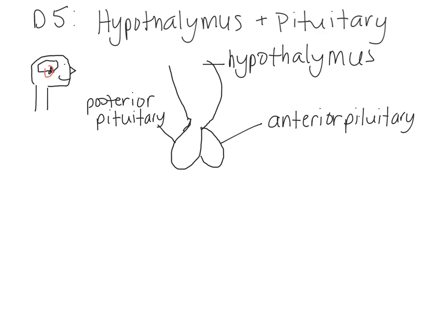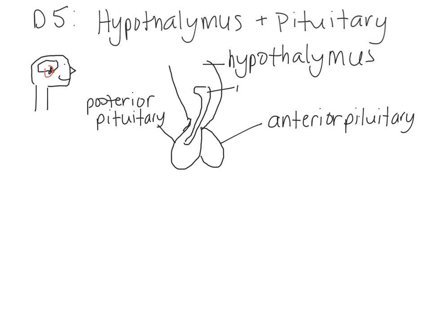Now, the way that the hypothalamus interacts with the anterior and posterior pituitary are a little bit different. So let's do the easiest one first. In the hypothalamus are these things called neurosecretory cells. And they are exactly what they sound like. These are long neurons.